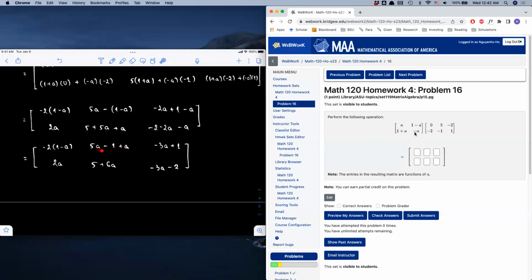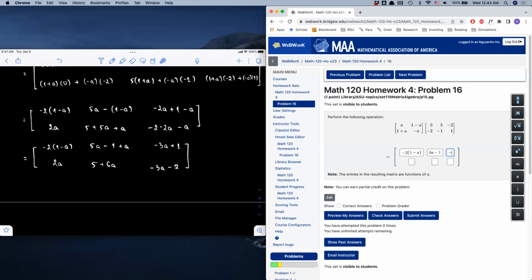So for this entry, if you combine 5a with a, you should have 6a minus 1. So let me enter this into my answer. Negative 2 times 1 minus a. The second entry is 6a minus 1.